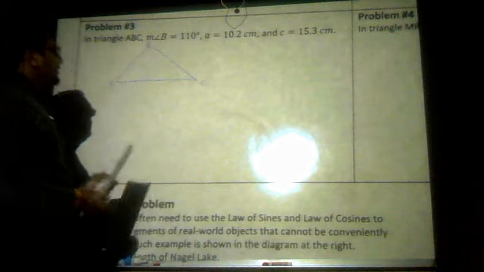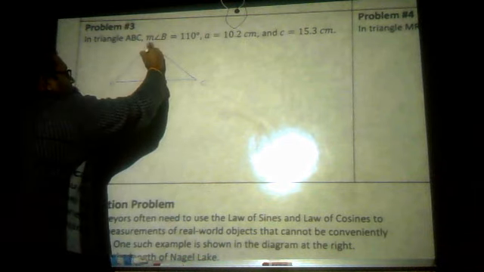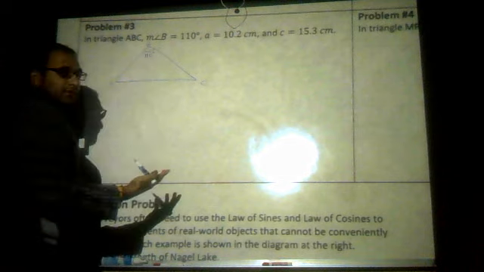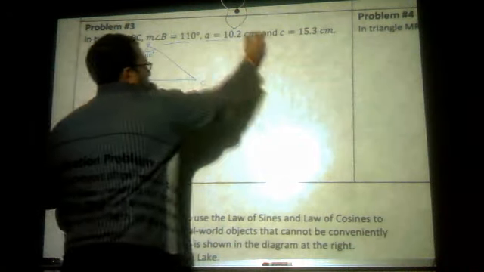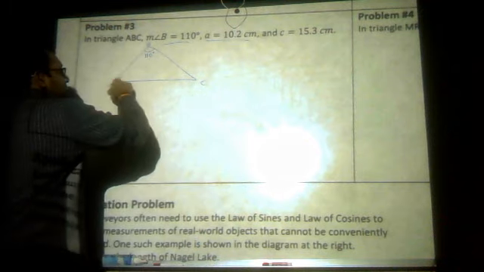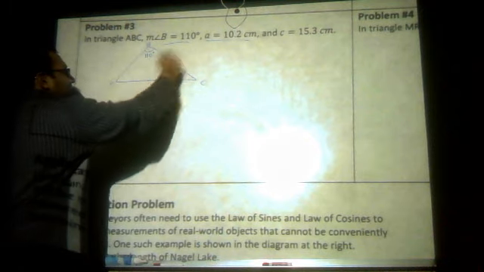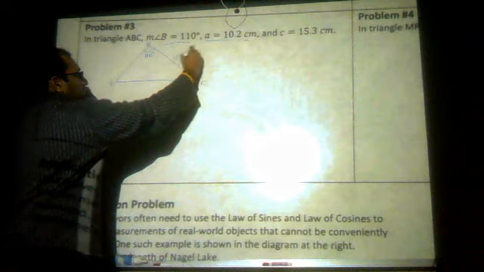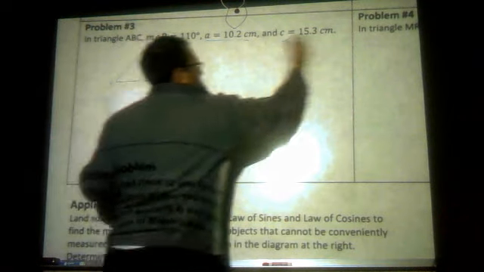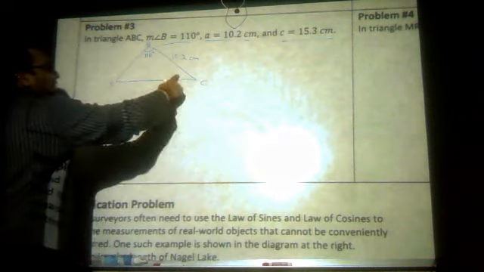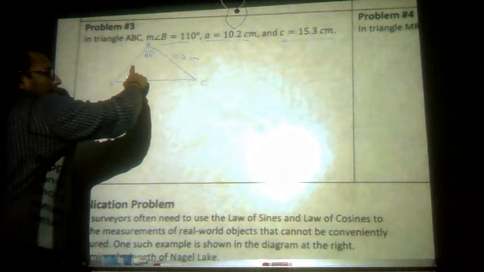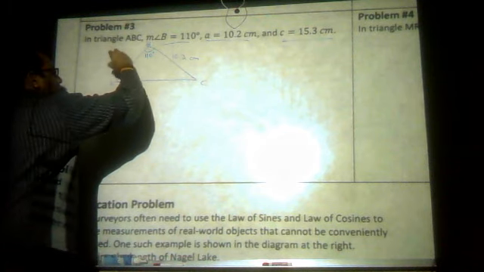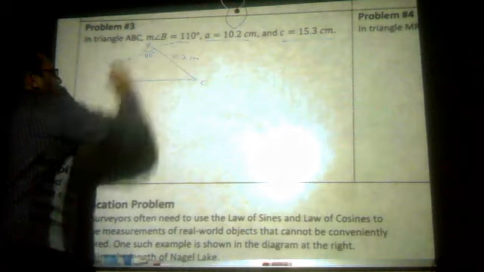Well, they say that the measure of angle B is 110 degrees. I went ahead and labeled that. What else do I know? I know that A is 10.2 centimeters. A is the side opposite from angle A, 10.2 centimeters, and C is 15.3 centimeters. C is the side opposite of our angle C. So that's 15.3 centimeters.